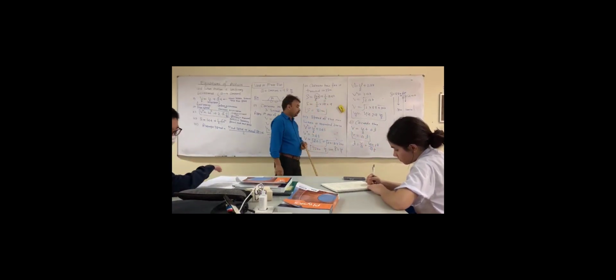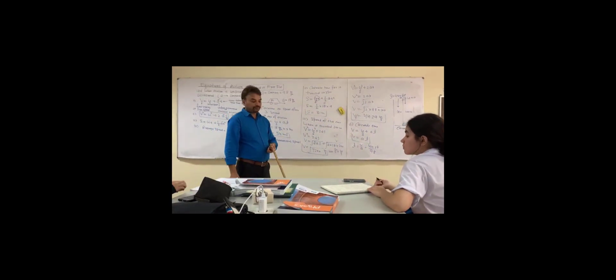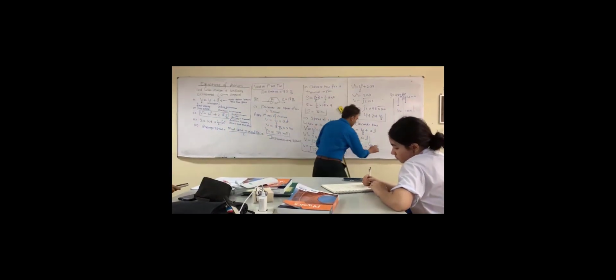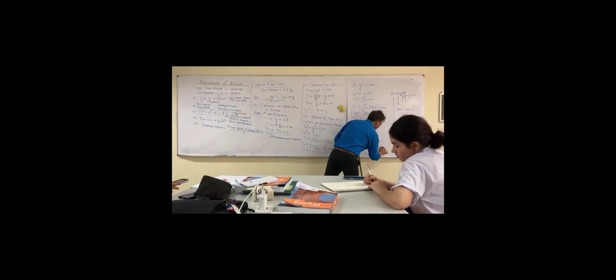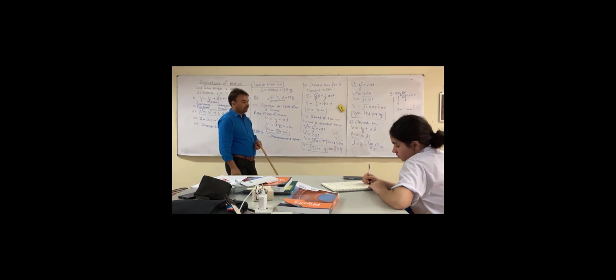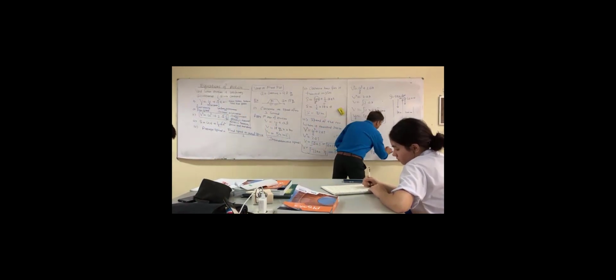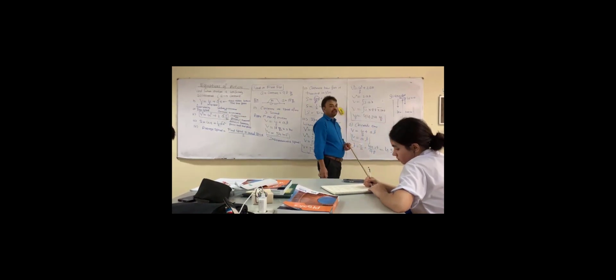So 44.29 divided by 9.8 is about 4.5 seconds.